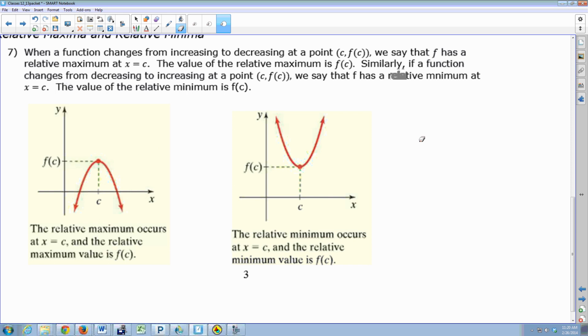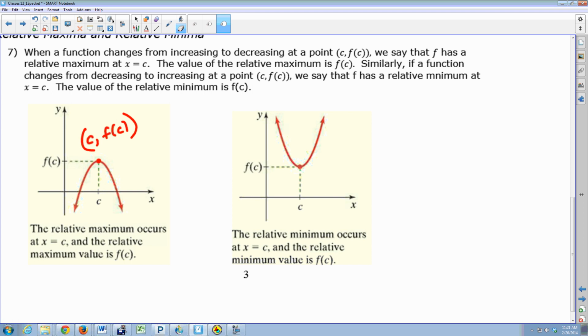In order for you to be a relative maximum, right here, this is the point C comma f of C. I usually have each number on a separate page, and I didn't realize I had it below this. So the relative maximum occurs at x equals C, and the relative maximum value is the output value f of C.